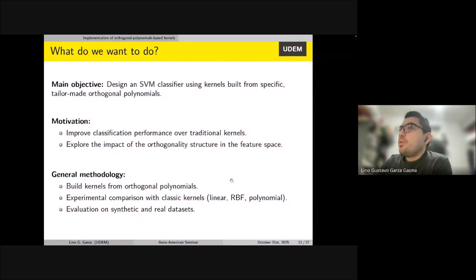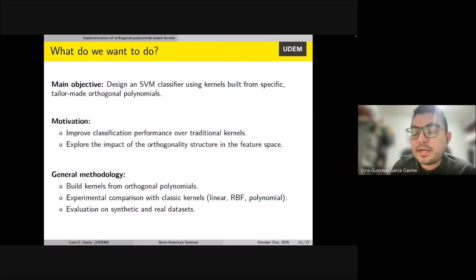Now, what we want to do is to use this approach of Padierna to construct a kernel function based on orthogonal polynomials, and our goal is to improve the classification.